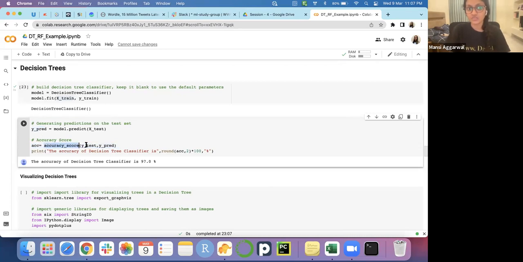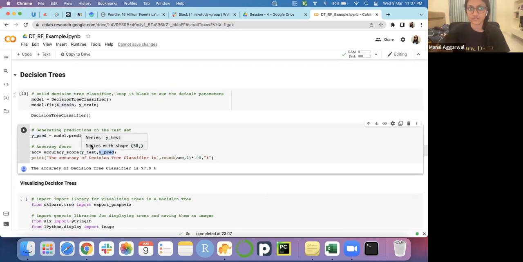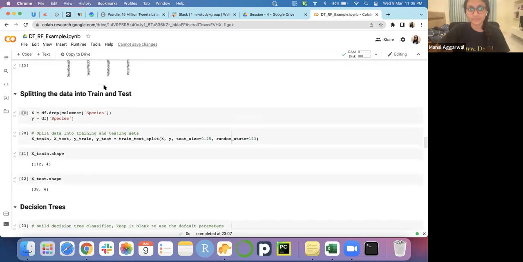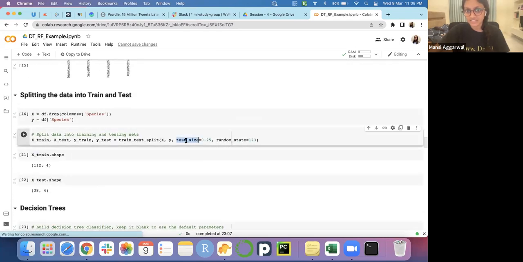Now in accuracy score, I'll use the real values and the predicted values. Always remember here the order is essential when you're not using the parameter value. Parameter value means test size equals, random state equals.